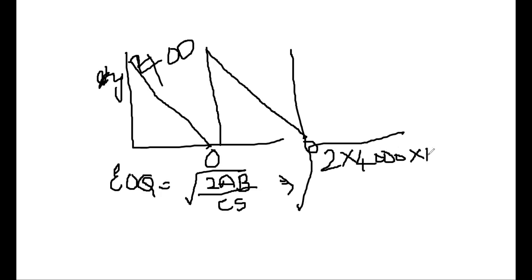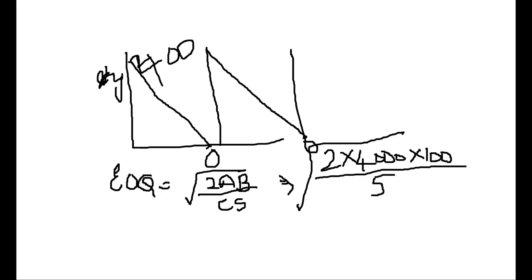How much order cost did I say? 100 rupees. If you want, I'll show it here. Just see: annual quantity is 4000, order cost is 100, and carrying cost is 5 rupees. Now the same thing I'm applying here, divided by 5. Please use the calculators and tell me what answer you're getting.